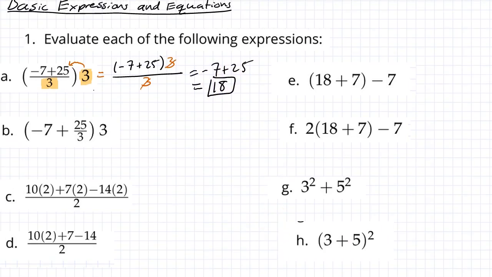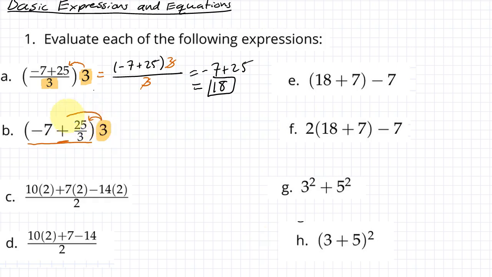Then this next one, it's a little bit different because you're not multiplying 3 by a fraction exactly. You're multiplying 3 times this whole thing. And in that case, if the two things are separated by a plus here, you need to distribute the 3 over that, like so.